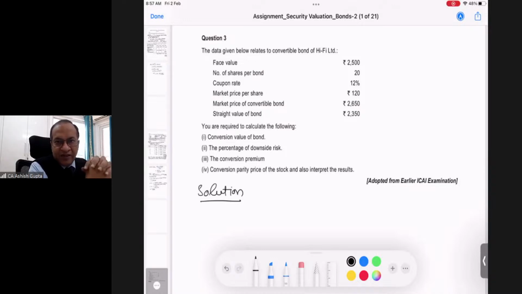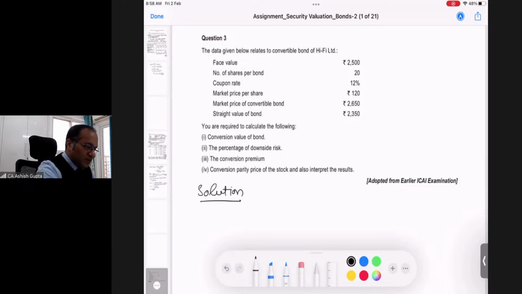It can be compulsorily or optionally convertible. If they are compulsorily convertible debentures, of course they will be automatically converted into equity shares. However, in optional, they have a choice. There is no hard and fast rule that you have to get them converted. It is as per their choice. They can say yes, I want to get them converted, or otherwise you can continue to hold the same.